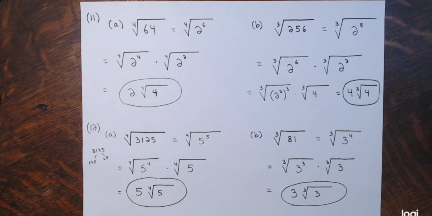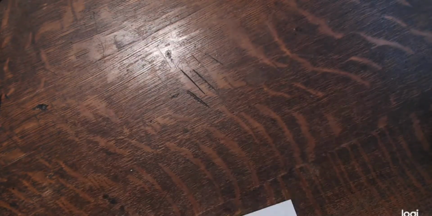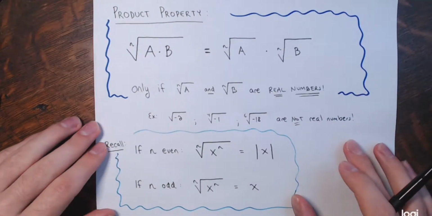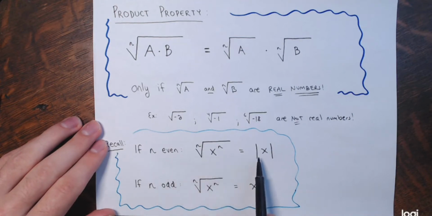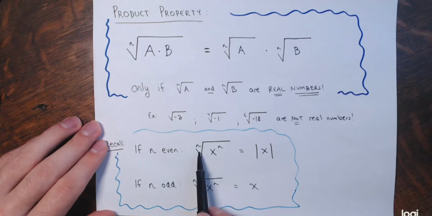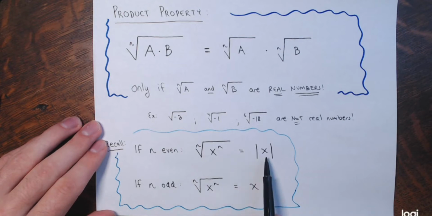Okay. Now we're getting into the problems where there are variables. So you really have to, again, remember this rule here. I brought this up earlier in the video. Remember, if n is even, you should be using absolute value symbols. The even root symbol asks for the non-negative root.